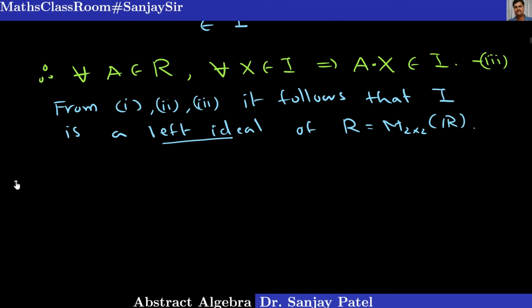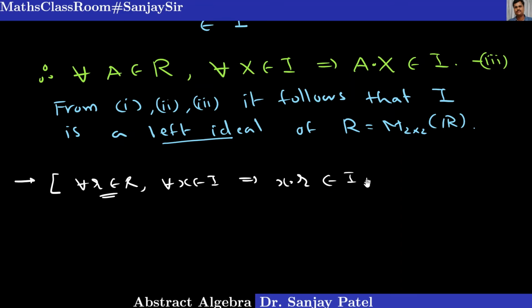To prove right ideal, for every r belongs to R and for every x belongs to I, we must prove that x into r, that ring element must be written on the right hand side of this multiplication sign, and that resultant element must belong to I. If this is the case, then it is called right ideal. So this is known to us from our definition. I am just rewriting it to give you a reference.